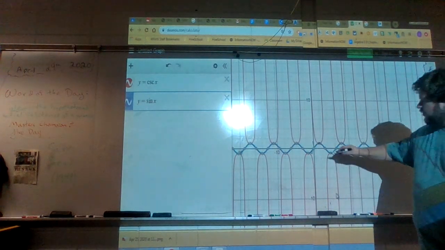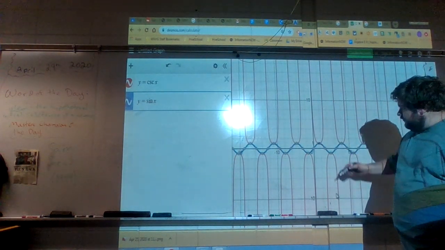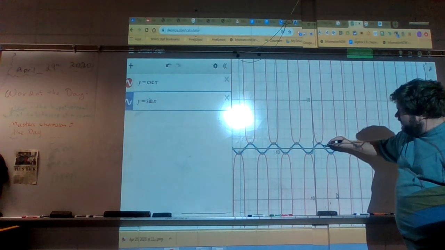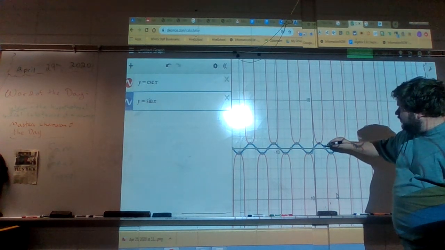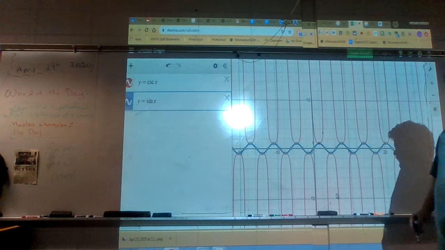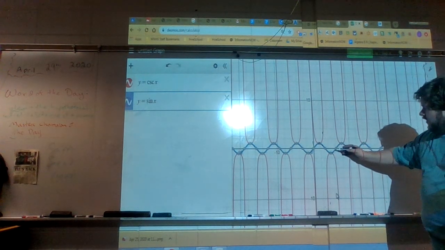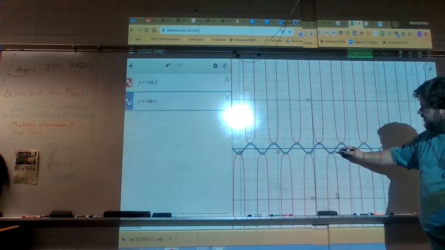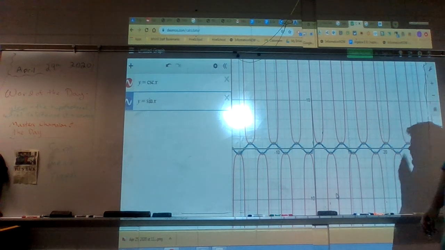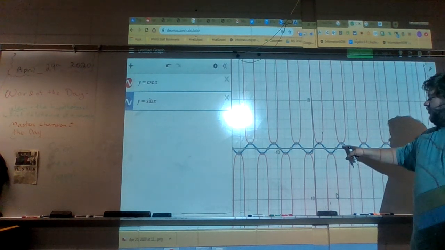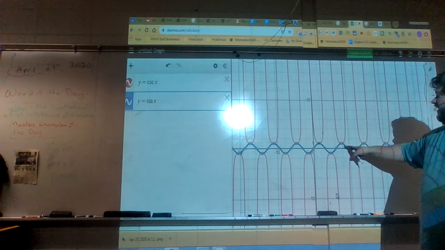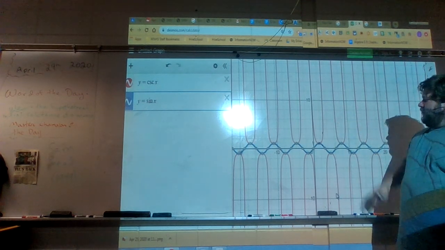The reciprocal of 1 is 1. Here, the y value is about 1/2, so the reciprocal of that is 2. Here, the y value is negative 1/2, so the reciprocal is negative 2. Really, whatever y value I have for the sine, if I take the reciprocal of that number, I get the cosecant.